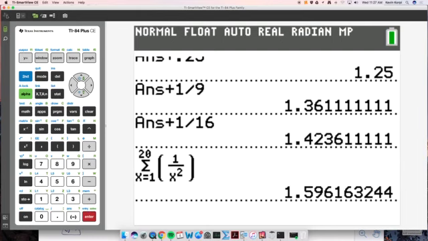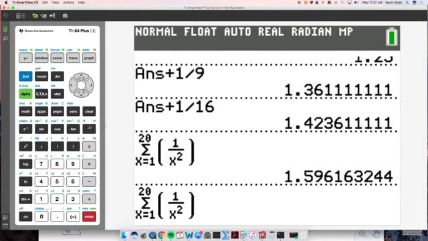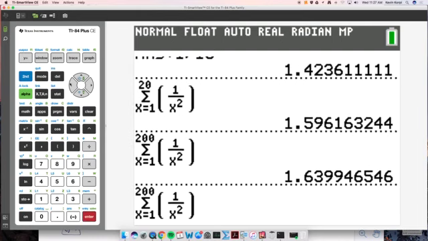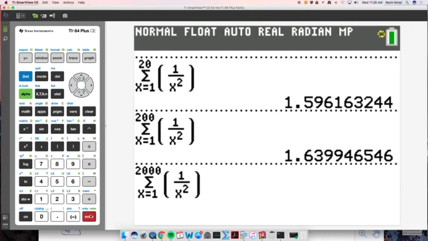It's 1.59. And remember, what we're doing now is something that back in the day before calculators, these calculations were super tedious. It took a long time to do this. Computers do this very, very quickly now. 1.59, 1.63. So we don't even really have to look at the sequence of consecutive sums. We can just look at trends for orders of magnitude. Let's look at 2,000.